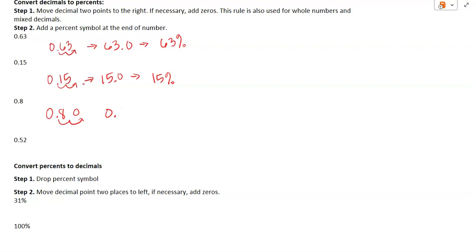That becomes 0.80, and when I move that over to the right, that becomes 80%. So 0.8 is equivalent to 80%. And finally, we have 0.52. Moving that decimal 2 over to the right is equivalent to 52%.